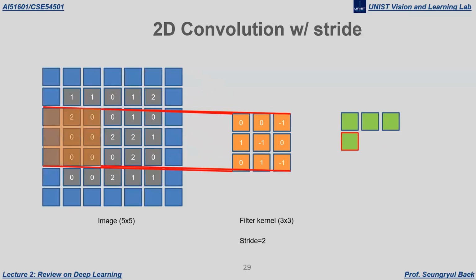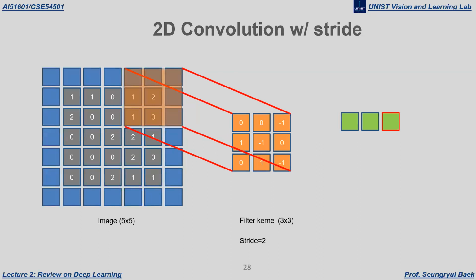The output size is related to how many times you apply this filter corner on your images, right? So if the stride is larger than 1, the number of filter corner calculations is reduced, right?